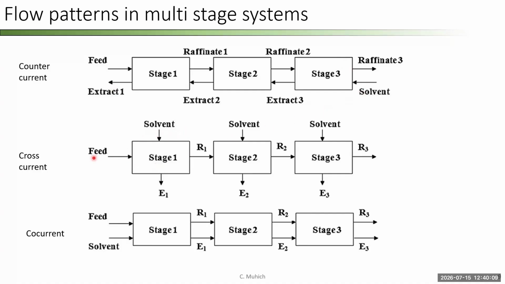We can do a cross current flow, which is sort of in between, where the feed moves from one stage to the next stage. But in each of these stages, fresh solvent is added. So, right, the solvent comes down here. I end up with extract one. I have new solvent that comes through here. I have extract two. A new solvent comes in here and I get extract three.